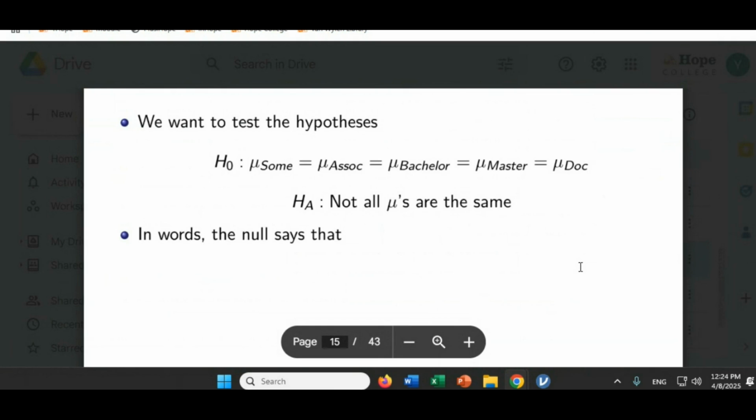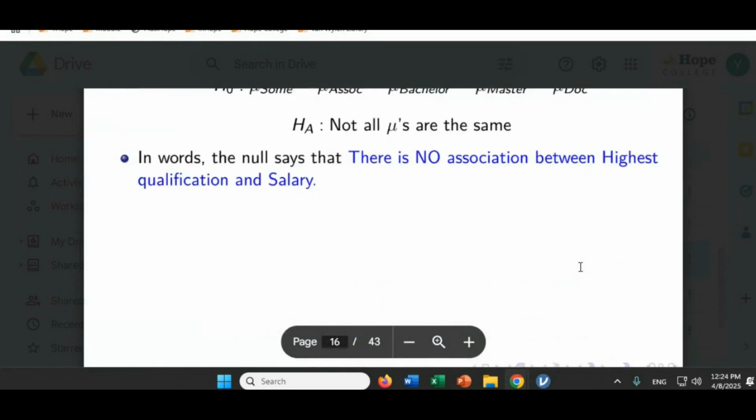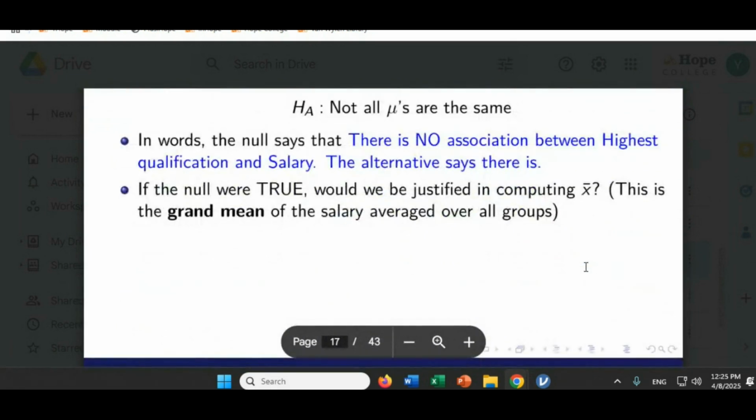There is no association between salary and qualification. That's right. Something like that. What do you think the alternative says? There is one. Good.